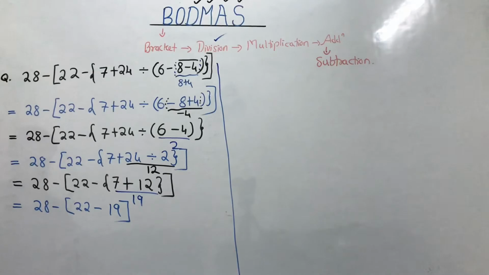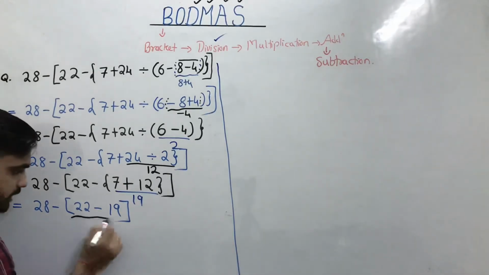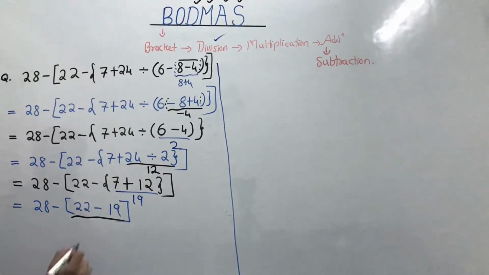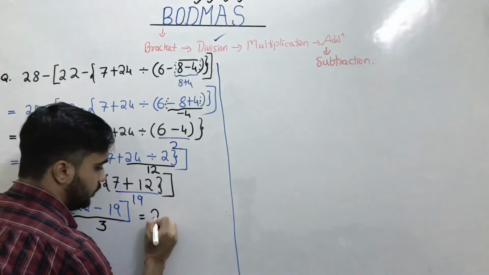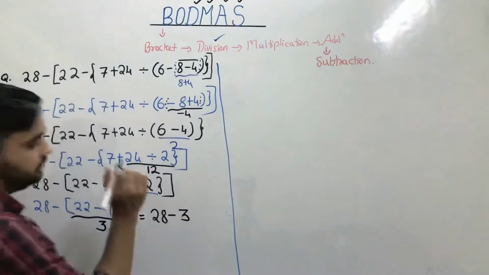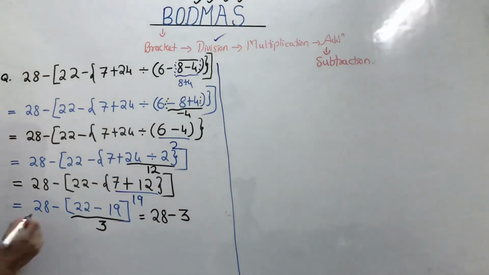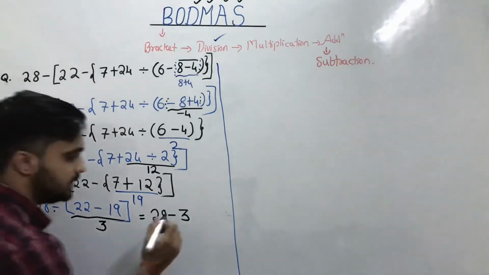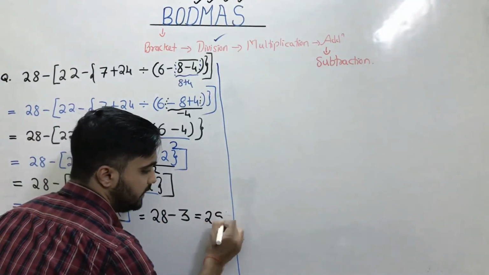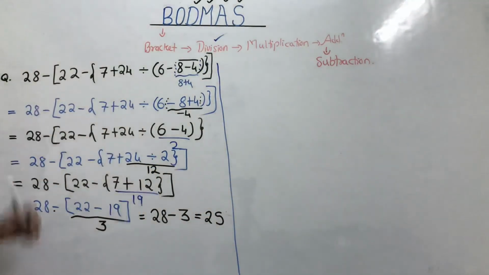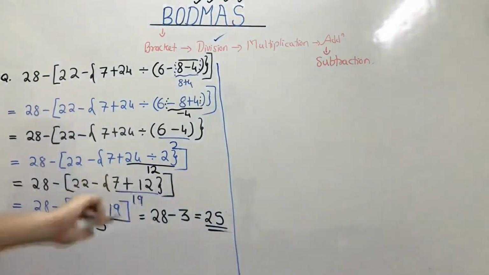Next, this bracket. So 22 minus 19 is nothing but 3. So I have 28 minus 3. So this minus as it is, the answer of this is 3. So 28 minus 3 is nothing but 25. So your final answer of this is 25.